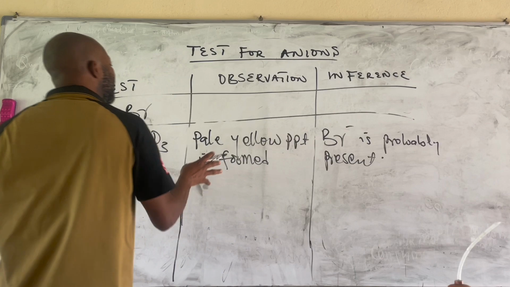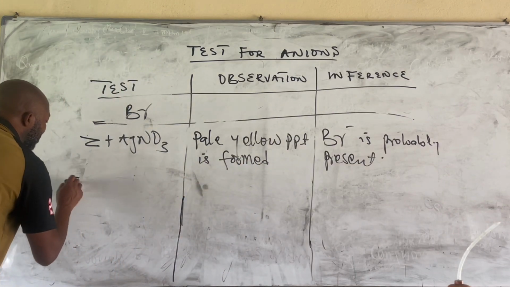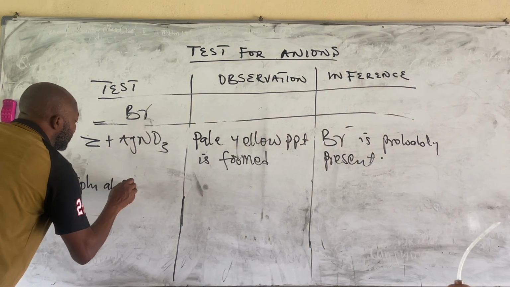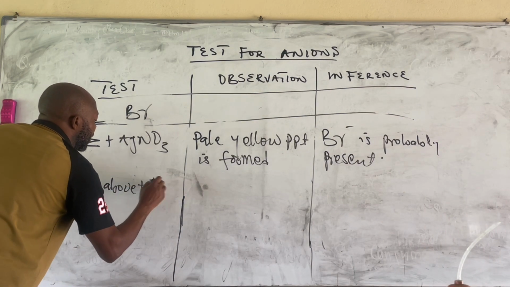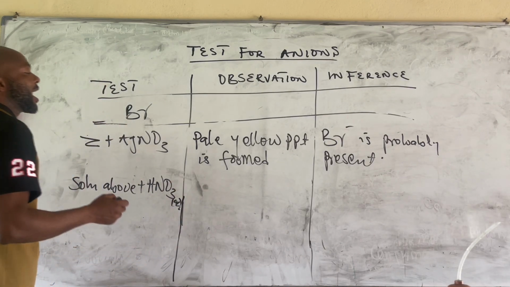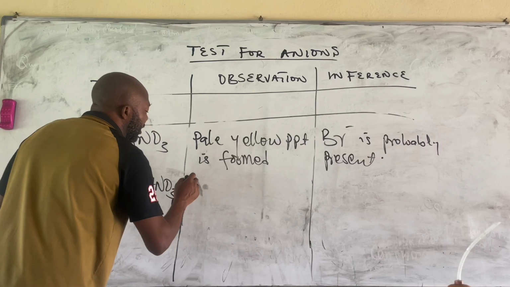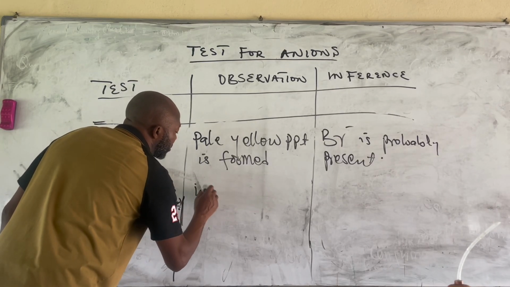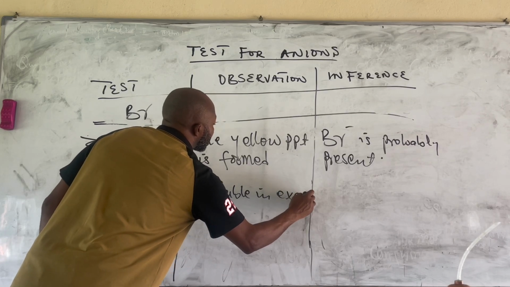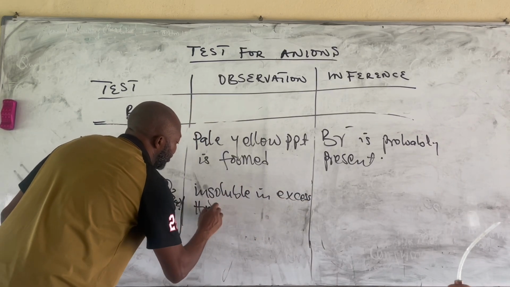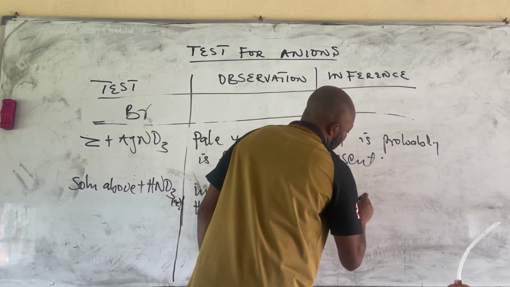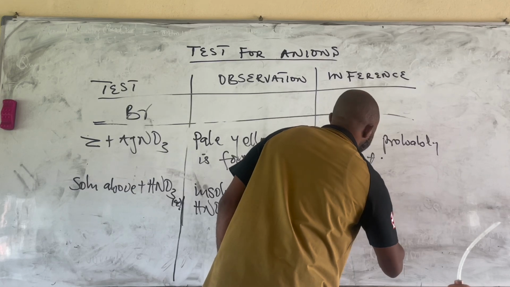That's one. Now this pale yellow precipitate, let's call it solution above, plus aqueous HNO3. When we add this, the pale yellow precipitate remains insoluble in excess HNO3. Bromine is present.